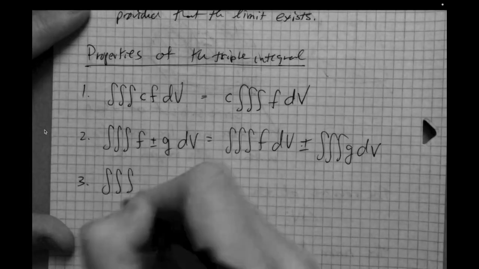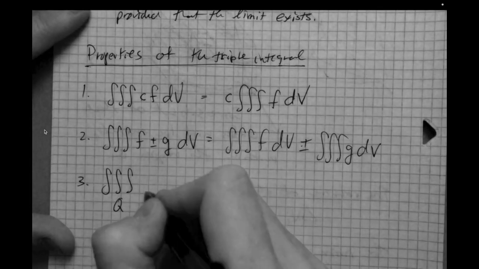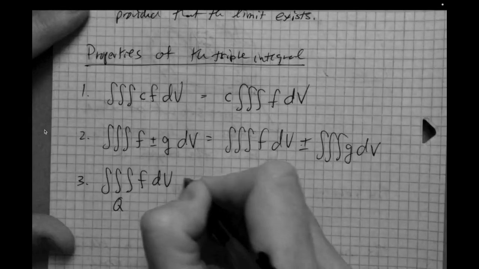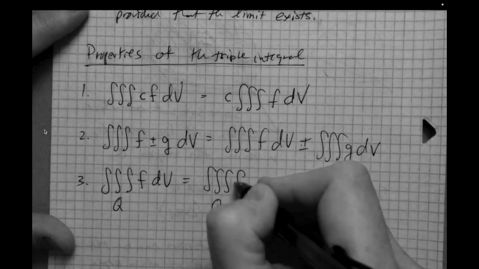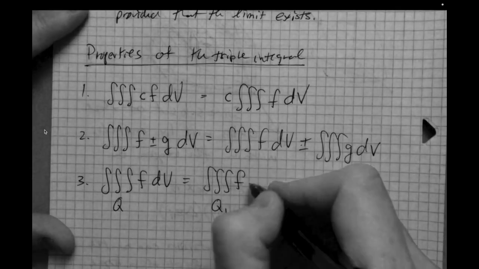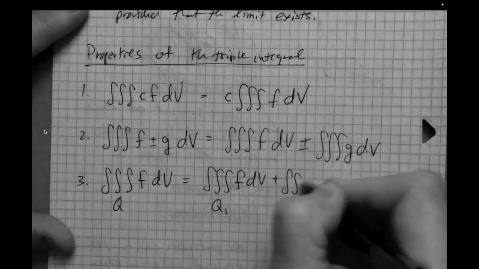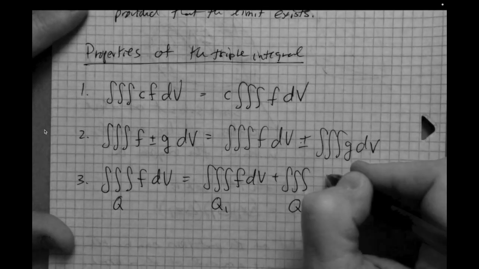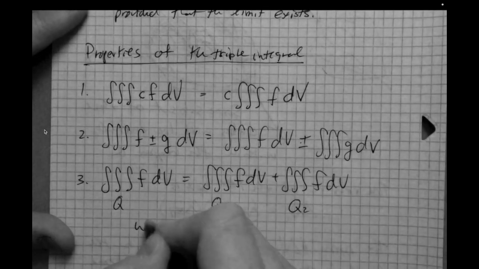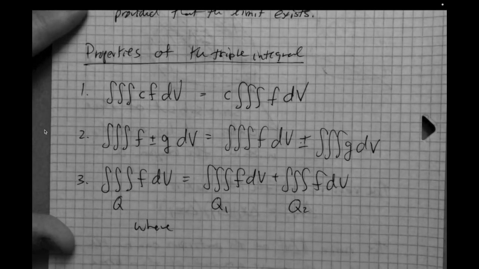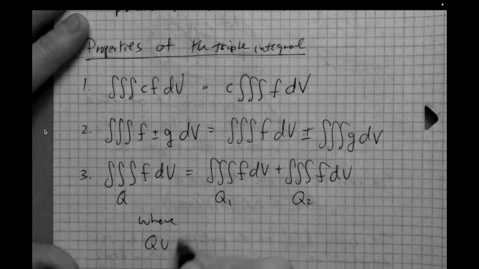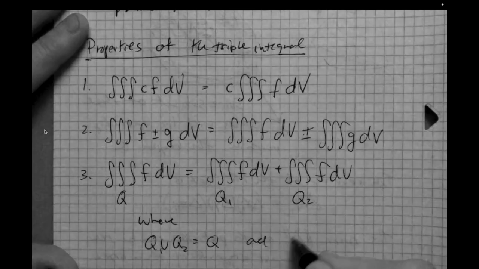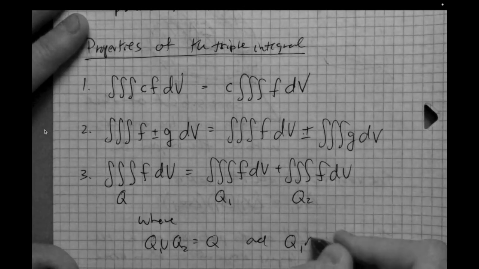So if I have the triple integral over Q of some function f, that's equal to the triple integral over Q1 of f plus the triple integral over Q2 of f, where Q1 and Q2 combined are equal to Q. Another way to say that would be Q1 union Q2 equals Q, and there's no overlap.